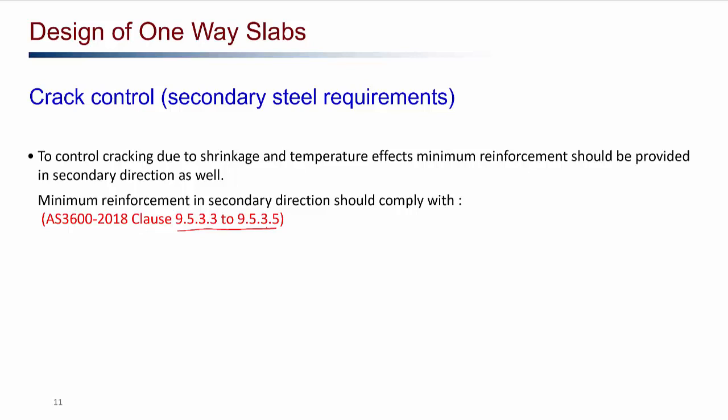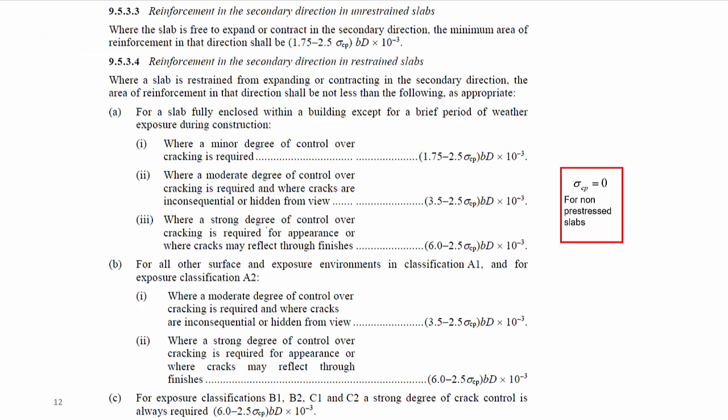So to control cracking due to shrinkage and temperature effects, minimum reinforcement should be provided in the second direction as well. A minimum reinforcement in the second direction is given in these clauses. Now, if you look into these clauses, there are a couple of things to note here. If the secondary direction is unstrained, so if the slab is free to expand in the secondary direction, then the minimum amount of steel that we need to provide in the secondary direction, that means the Ast in the secondary direction, should be greater than or equal to 1.75.